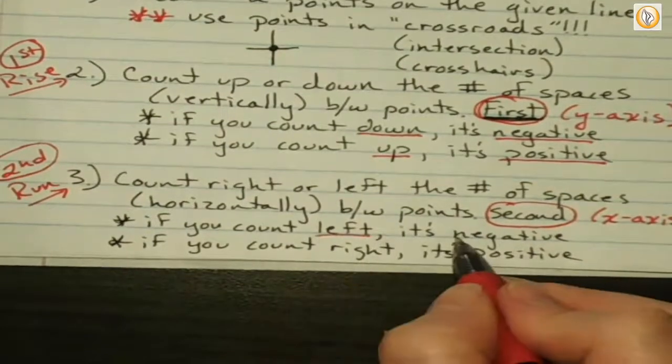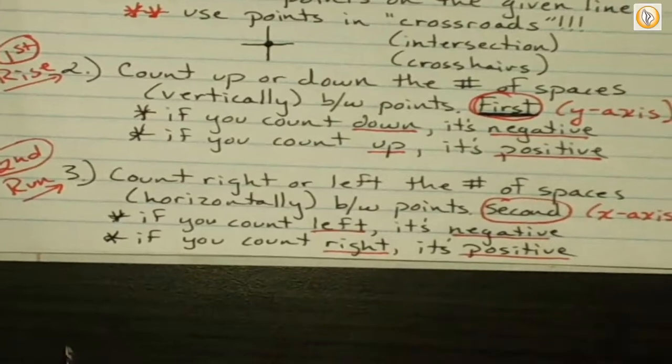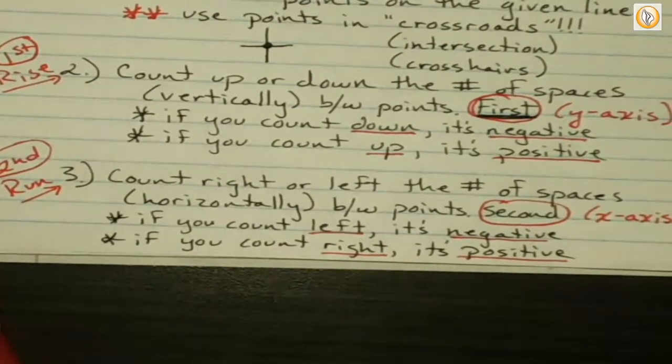So left, negative, right, positive. Up, positive, down, negative, left, negative, right, positive. You have to have that memorized. Anytime you go down, it's negative. Anytime you go left, it's negative. Anytime you go up, it's positive. Anytime you go right, it's positive.